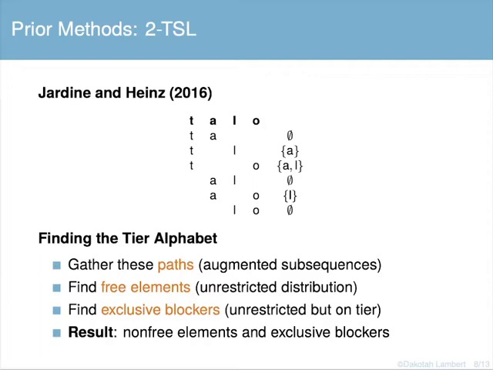Those elements that are not free are all on the tier, and also all of the exclusive blockers are on the tier. And that is it. Those are the symbols that are salient. This method only works for tier-based strictly local languages where the factor width is 2.